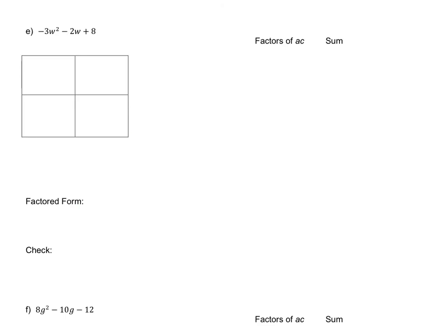All right, so first we have something that we want to take care of here. We talked about having the a value as a nice positive number. So what I want to do first here is take out the negative. That's going to change a little bit in here to this trinomial.